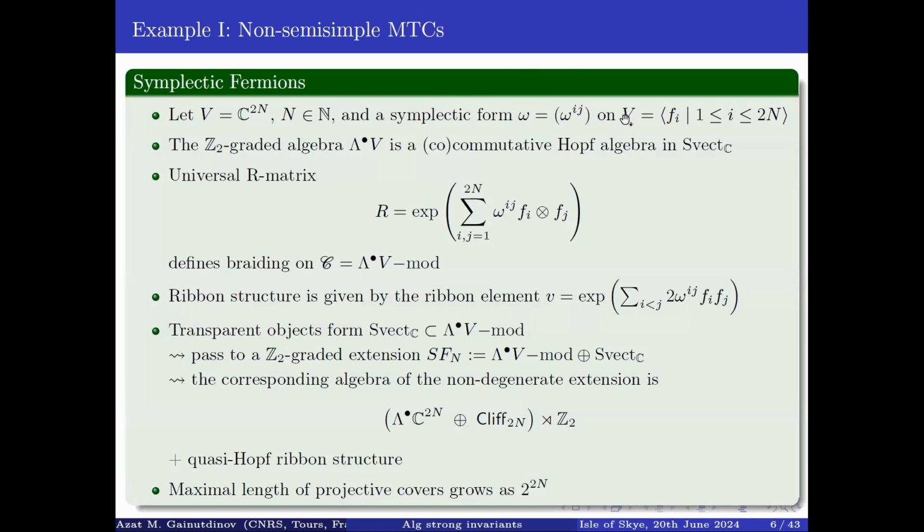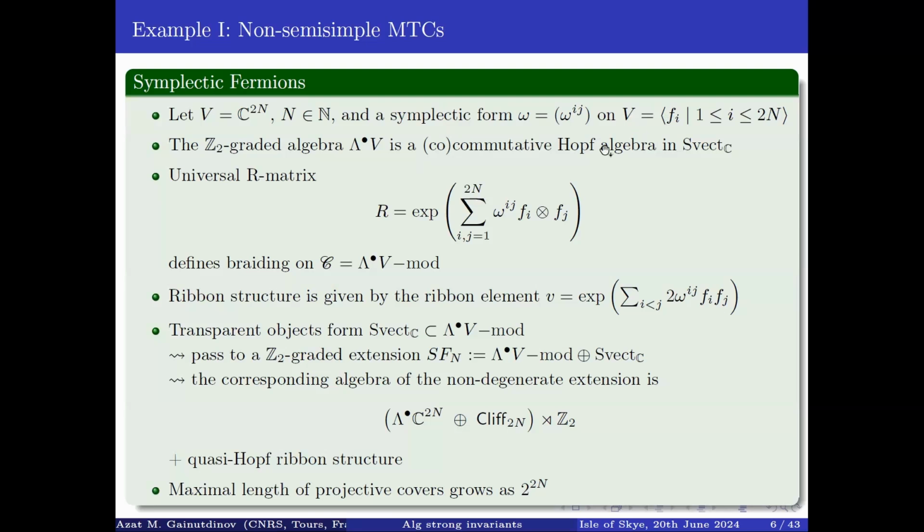Okay, this V is my even dimensional vector space, and φi is my basis of the vector space. I consider the Z-graded braided algebra, just the exterior algebra of this vector space. And you should think about it as a commutative and co-commutative Hopf algebra in a super vector space. So in particular, the coproduct of all φi is just like for Fermi algebras, φi tensor 1 plus 1 tensor φi.